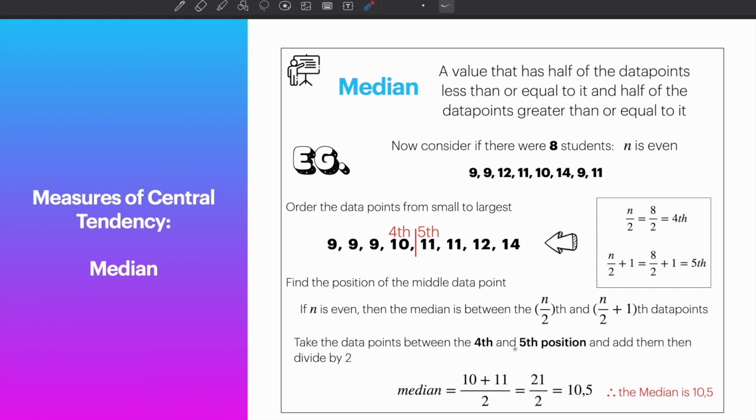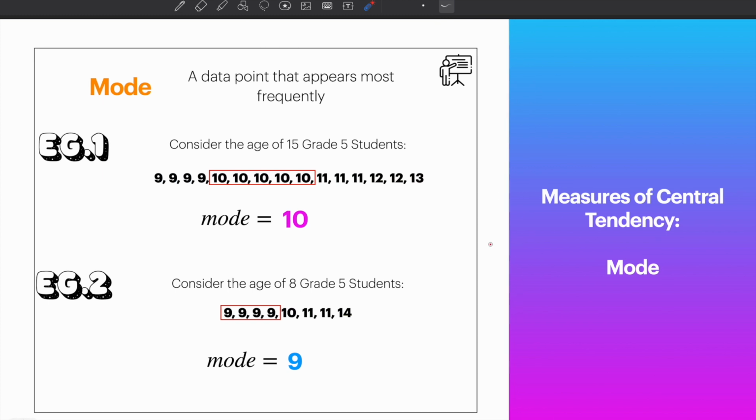Cool. So last but not least, we will take a look at the last measure of central tendency, which is called the mode. Right, so what does this mean? So basically, this is a number or a data point that appears most frequently or appears the most. So let's consider the ages of the 15 grade 5 students and let's see which age appears the most.